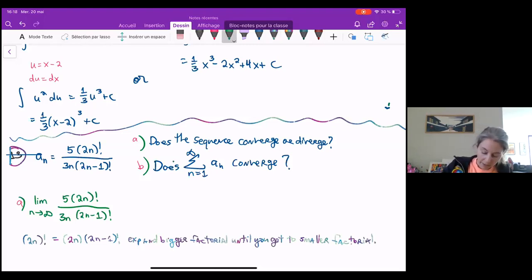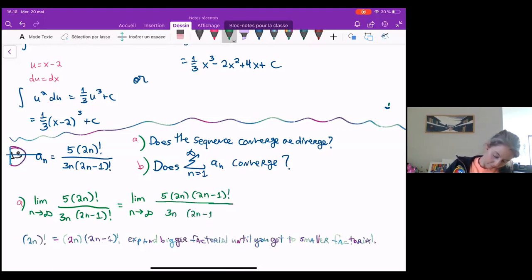So now in this limit, I'm going to rewrite my factorial, and I'm going to cancel out those factorials.